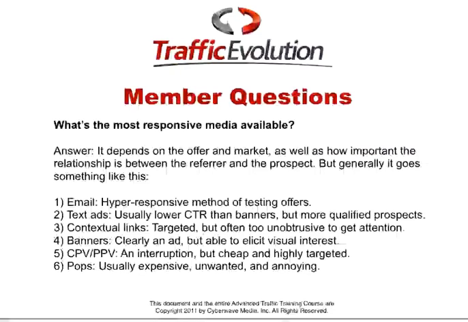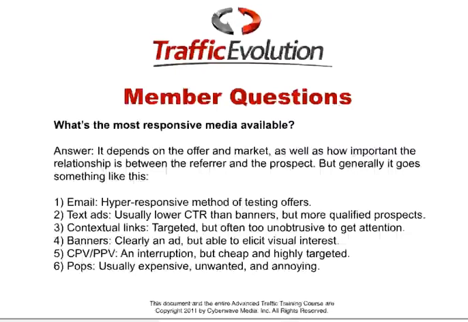And what I found is email, text ads, and contextual ads are the most responsive. They might not be the best places to start because they're either expensive or there might be a lot of noise in that particular channel that you need to figure out where the targeting is. But that's really where the big response is.